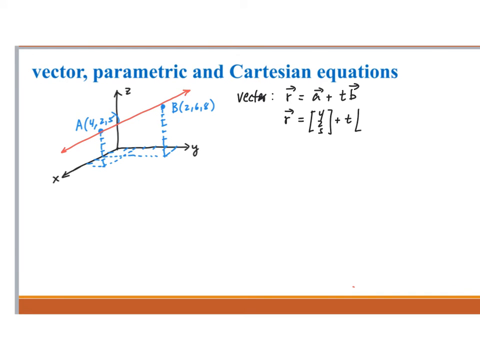And for b, as the direction vector, we could either use AB or BA. I'm going to use AB, so that's going to be 2 minus 4, which is negative 2, 6 minus 2 is 4, and 8 minus 5 is 3.